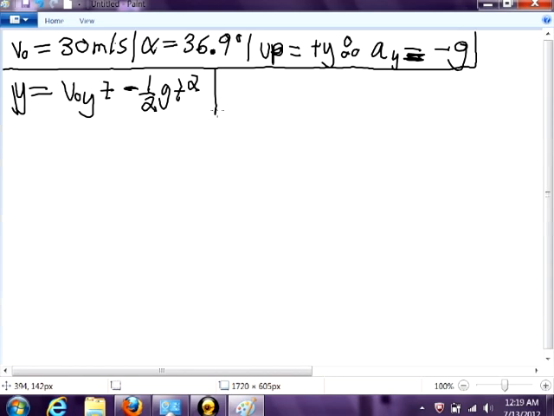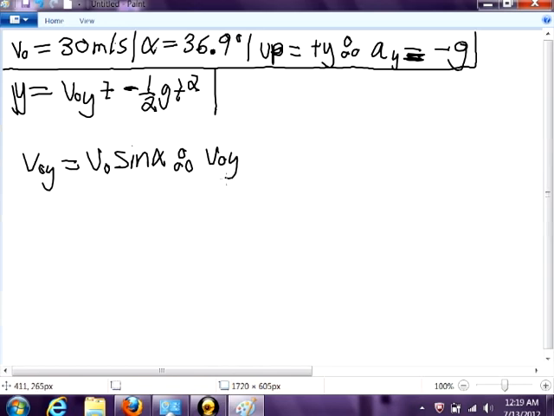Okay, so we can calculate v0y pretty easily. So we just say that v0y is equal to v0 times sine of alpha.